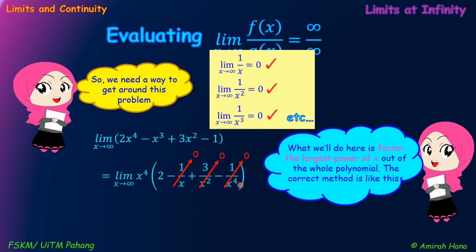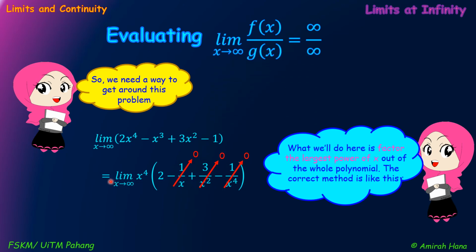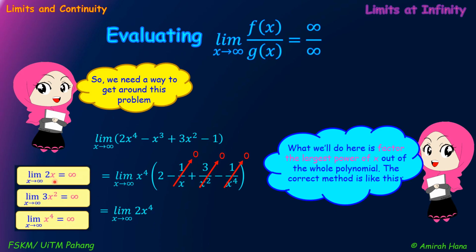Alright, since we get 0 here, we can write this equals limit x approaches infinity 2 times x to the power of 4, right? And then from the previous video, if we have limit x approaches infinity 2x, we will get infinity. Limit x approaches infinity 3x squared will approach infinity.